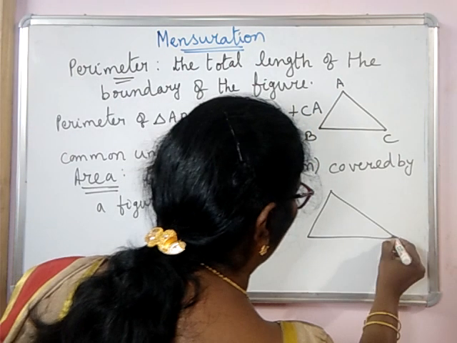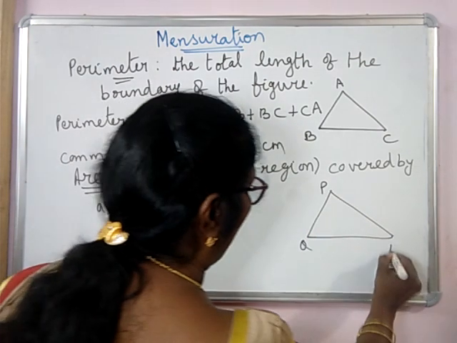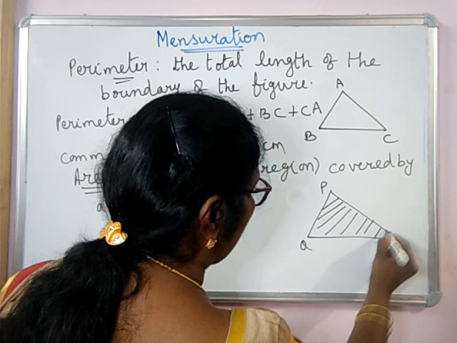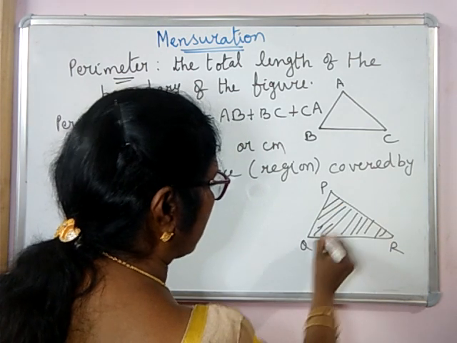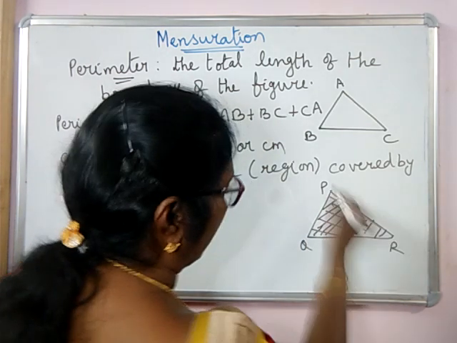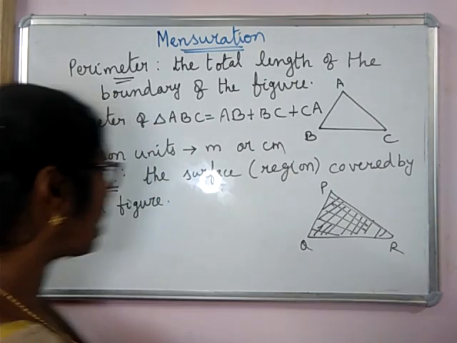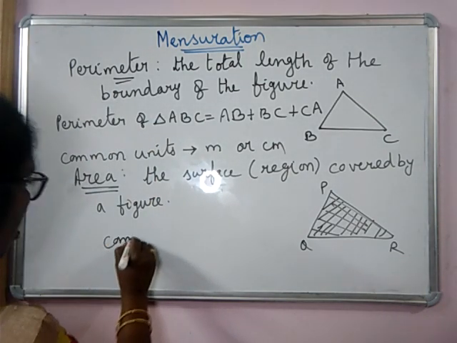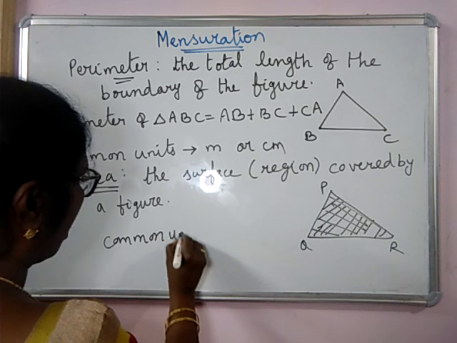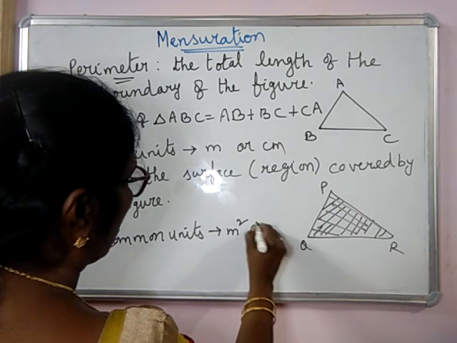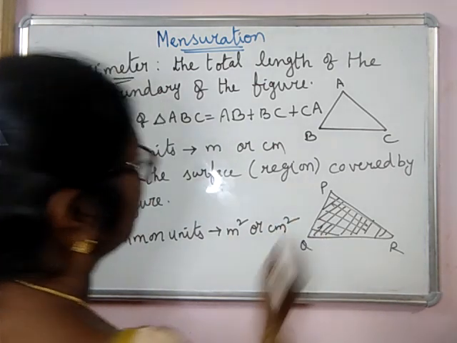Okay, let me give you triangle PQR. I am shading the region. The area or the surface covered by the figure is known as the area of the figure. And the common units of area are meter square or cm square.